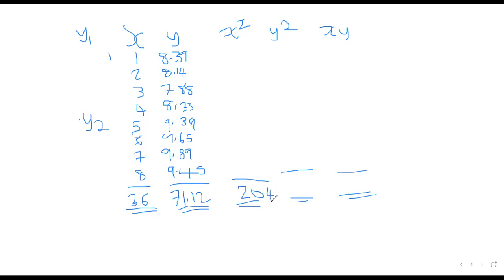Then you can get the y square is 636.5442. Of course, they can get the other one, 331.31. So from here now, we can get down to the regression equation.